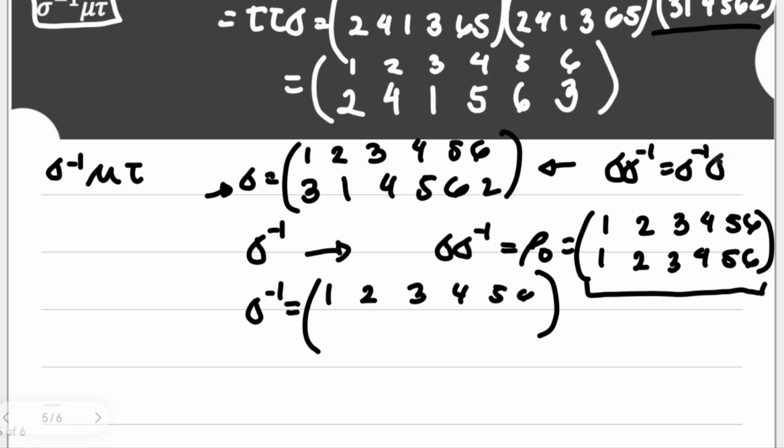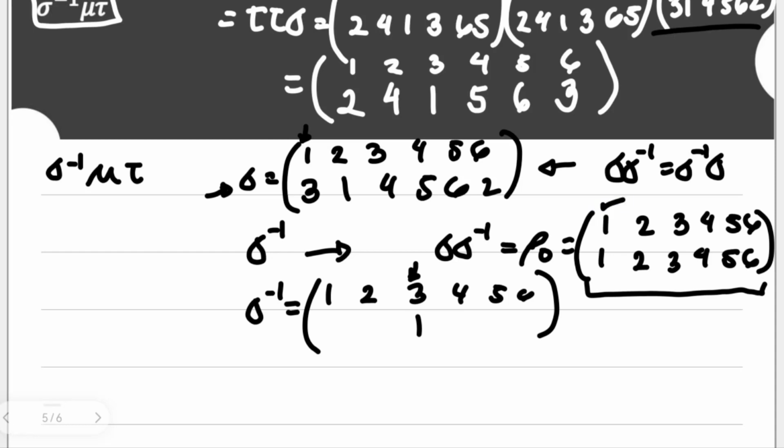Nevertheless, the point here is that, say for example 1 is mapped to 3, so this 3 here should return to 1, such that the product of the two permutations will have 1 mapped to 3, 3 mapped to 1, so you will have 1 mapped to 1.